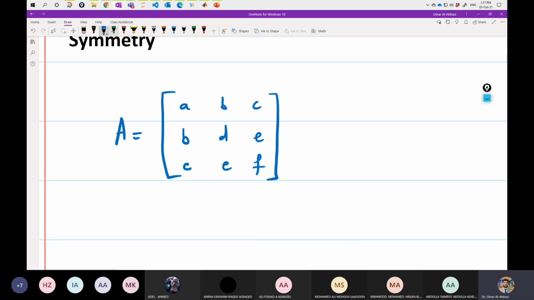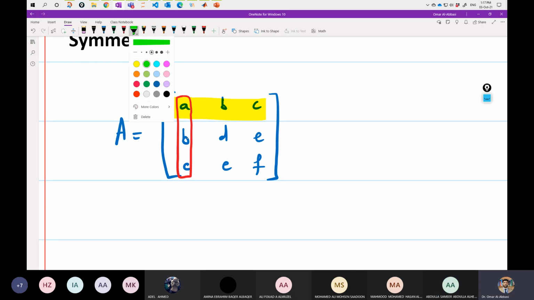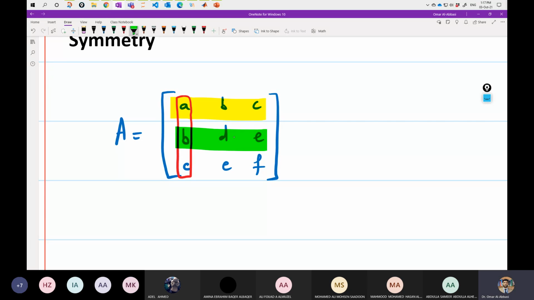I want you to look at the following. Guys, can you see that A, B, and C is identical to A, B, and C? Yes. All right. The next row, can you see B, D, and E is identical to B, D, and E?